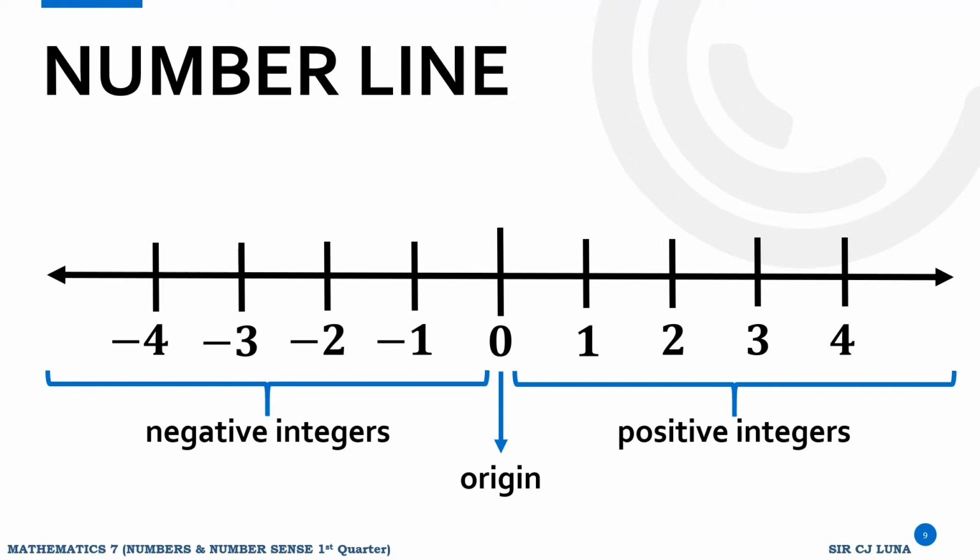So the arrowhead to the left is for the negative infinity. And on the right, we have the positive infinity. So again, this number line can be extended infinitely in both directions. Understood? Very good.